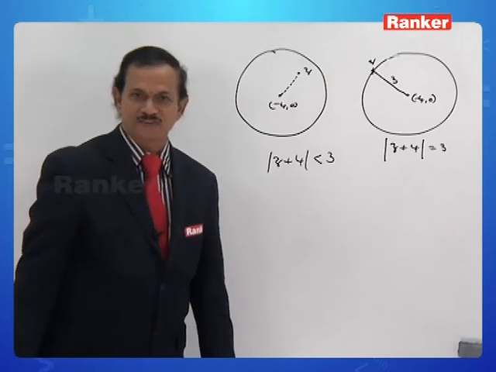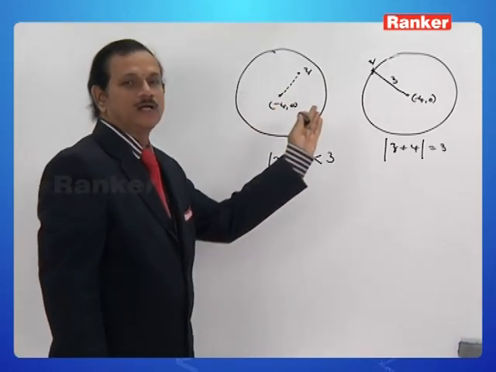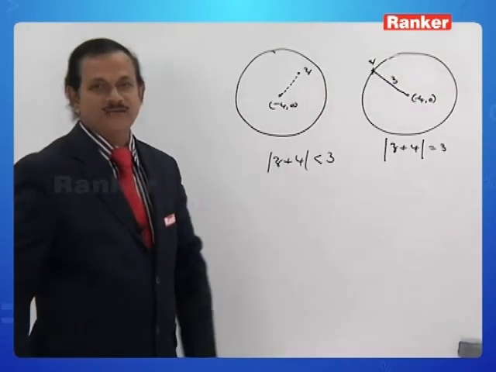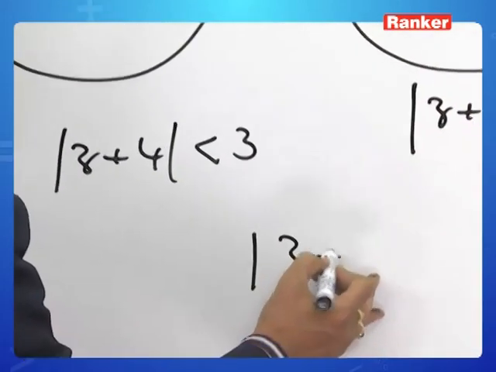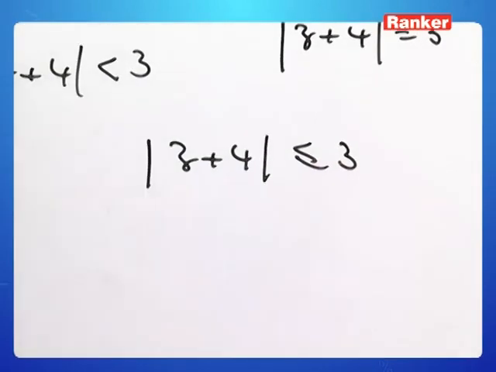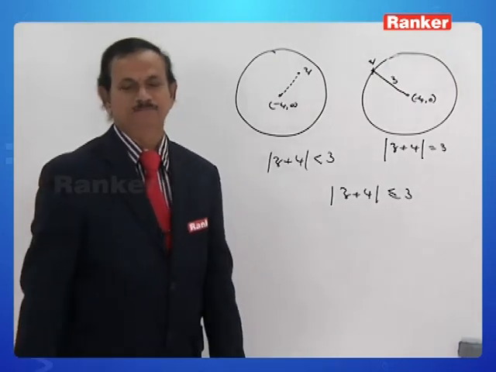We are given that either z lies in the interior or it lies on the boundary. Any of these two cases may happen. So by clubbing these two, what can you say? Mod z plus 4 is less than or equal to 3.